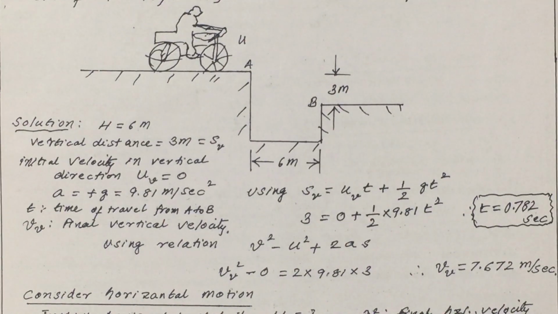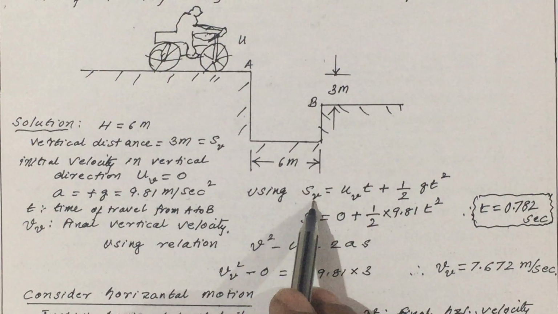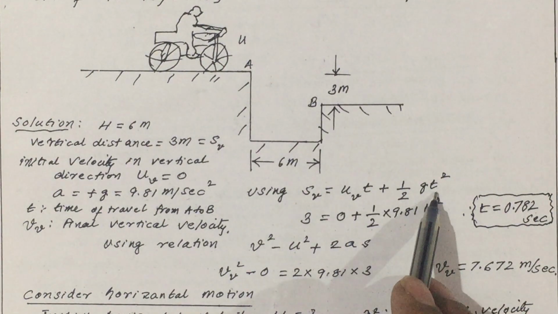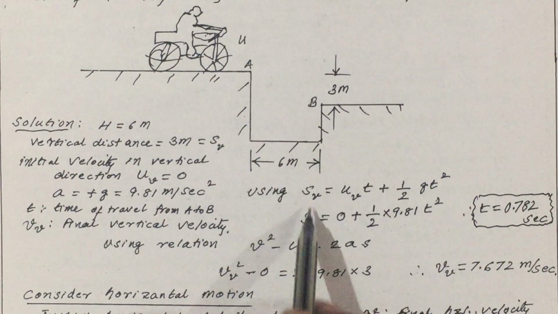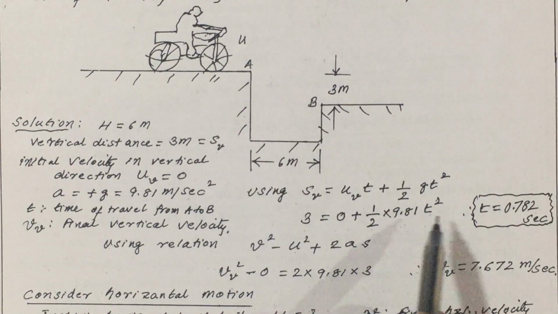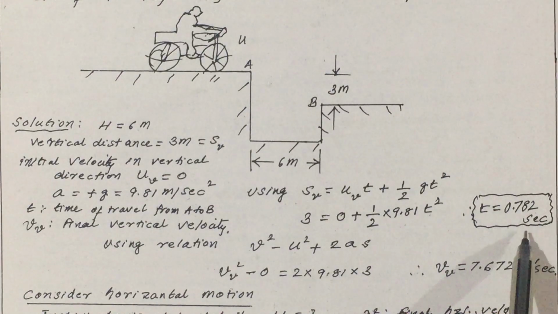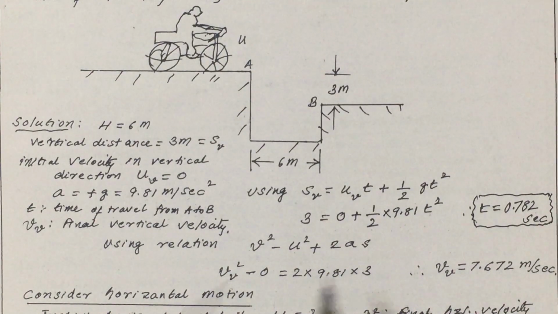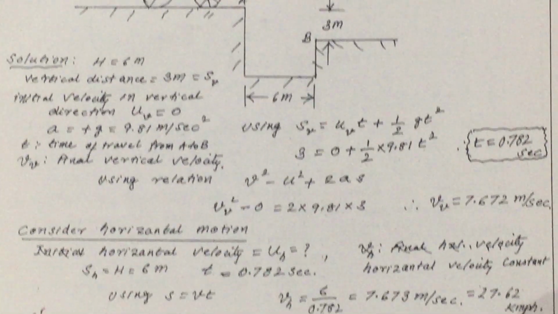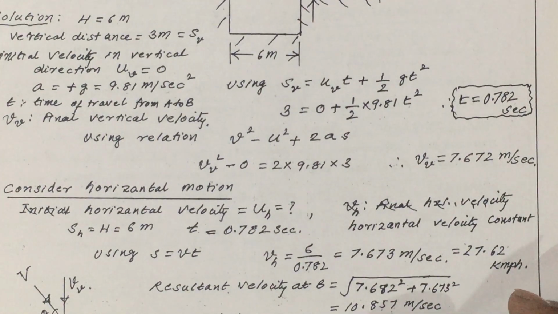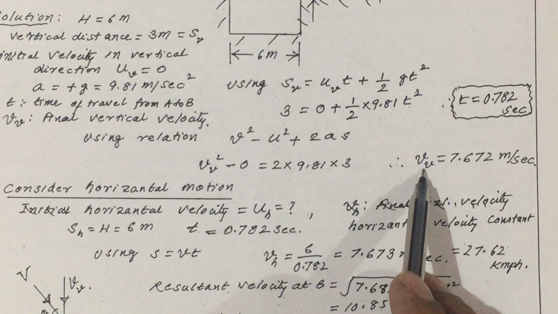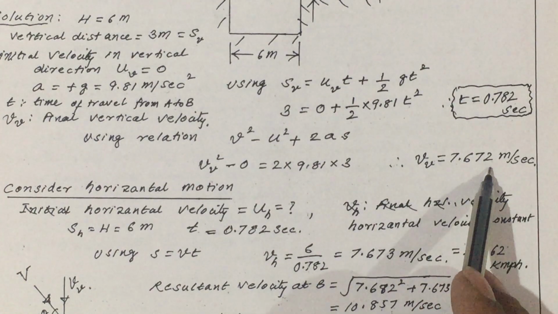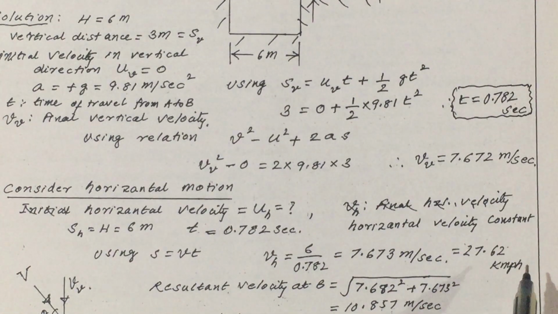Then using s is equal to ut plus half gt square, substitute all the values, you are going to get t is equal to 0.782 seconds. Then substitute v square minus u square is equal to 2as, we are going to get Vv is equal to 7.672 meter per second.